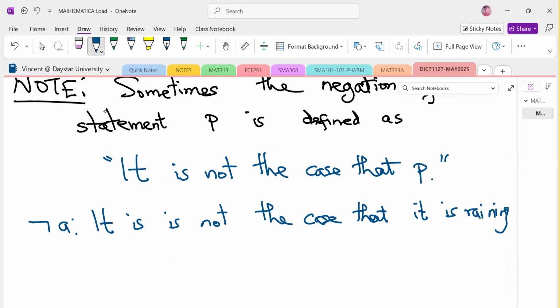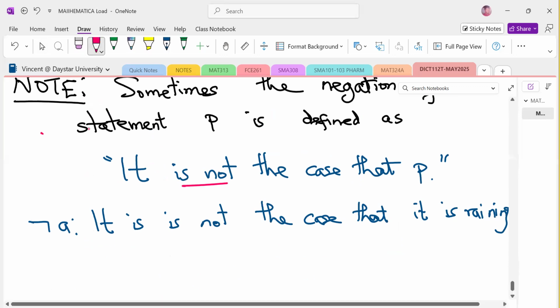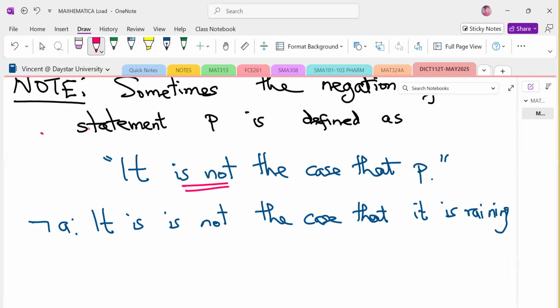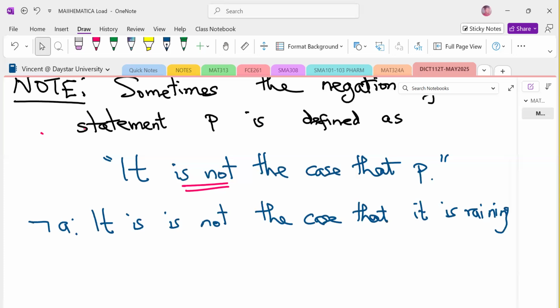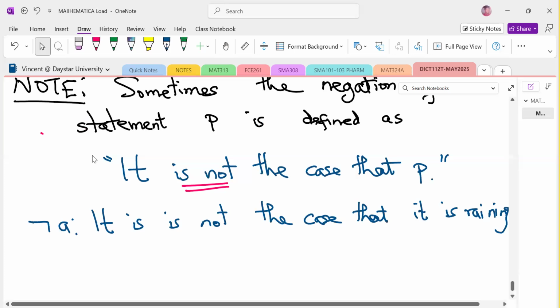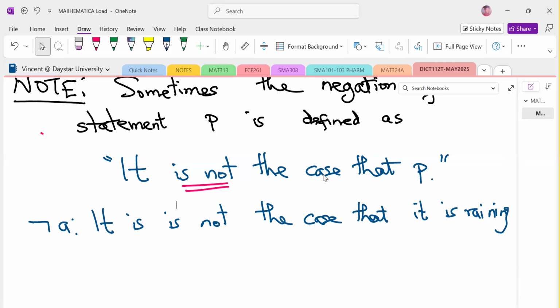It will be wrong for you to say that the negation of statement A is, it is not the case that it is not raining. That one will not be correct, because we'll actually be doing double negations on the same thing. So if you use this as your definition of negation, the statement you have will not change anything.